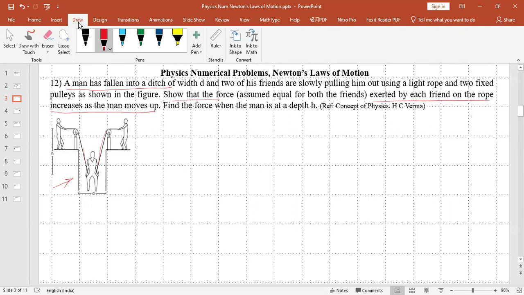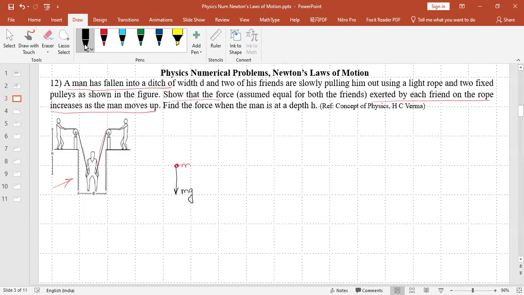Now, if you think about the problem, let us draw a schematic diagram. Let us say this is the mass of the man, M, at his center of gravity. So obviously the force downward is mg.